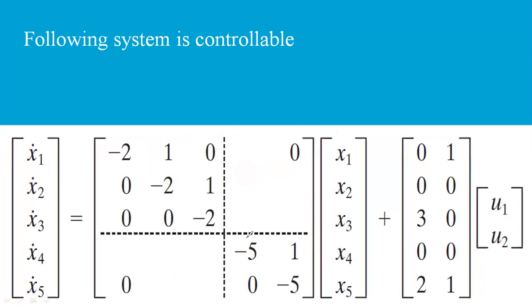Now observe your point. The last row. This is the last row. It is having two inputs. This is the last row corresponding to the first Jordan block, and this is the last row corresponding to the second Jordan block.